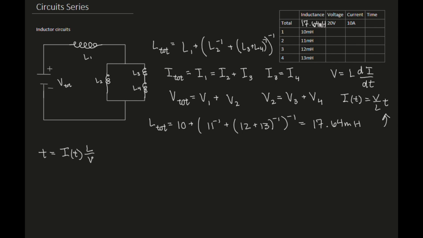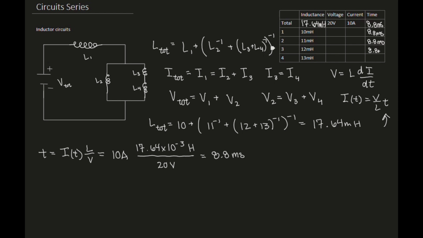So it's going to equal the 10 amps times my inductance, and in this case I have to convert to Henry, so 64 times 10 to the negative 3 Henry, over my 20 volts. And I get something like 8.8 milliseconds. That's going to be the case across the entire circuit, so this is also 8.8 milliseconds.